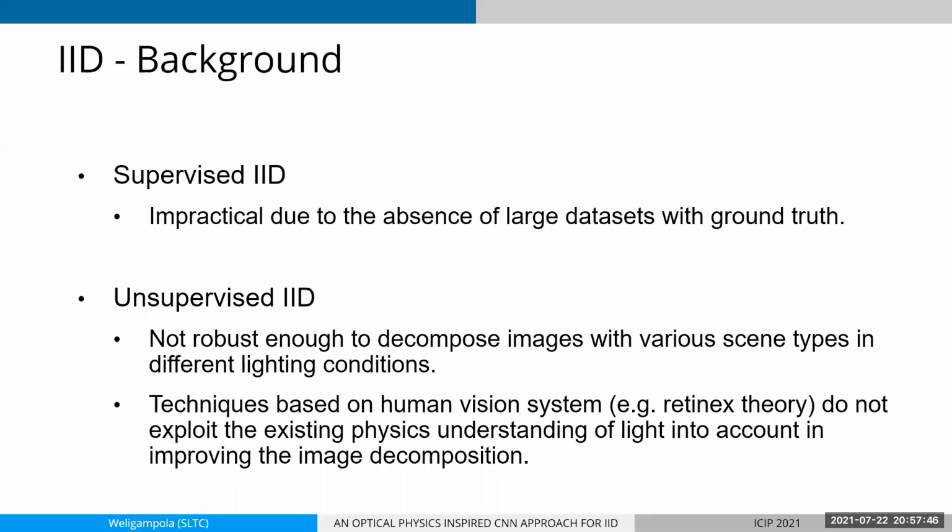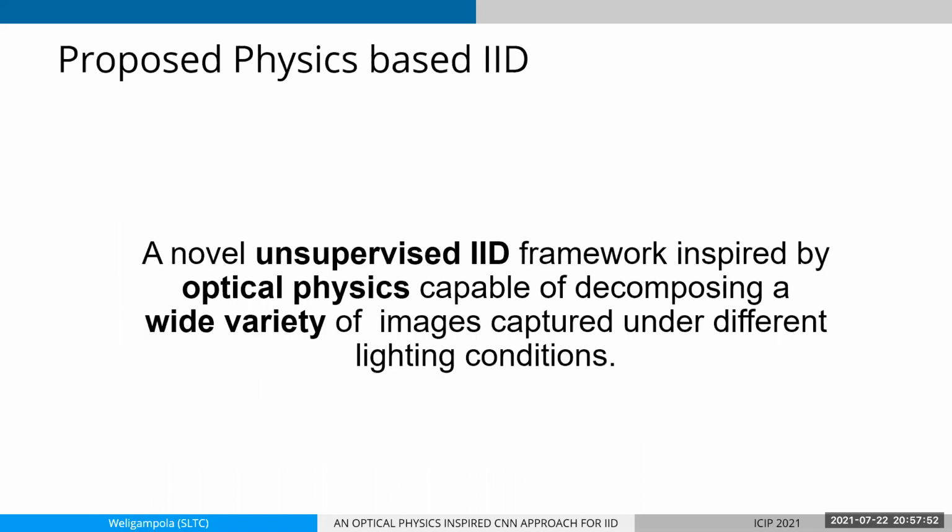Therefore, by formulating and analyzing these properties of an image, we could improve the efficacy of our decomposed outputs. Based on this idea, we propose a novel unsupervised IID technique, which was inspired by optical physics, and it's capable of decomposing a wide variety of images under different conditions.